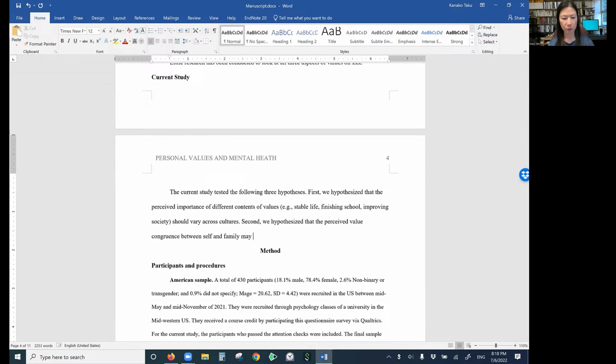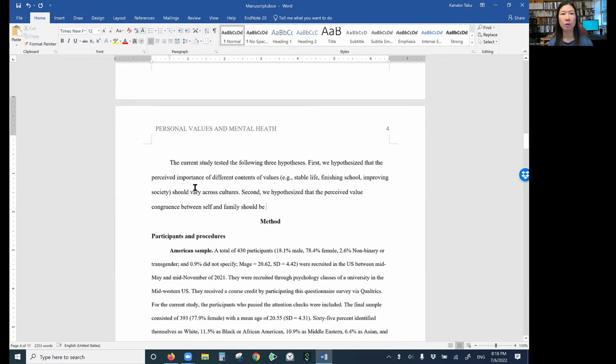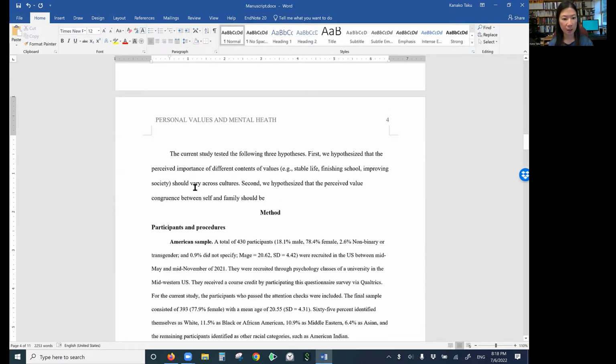Maybe, because of the diversity in the United States, I wonder if between self and maybe not family, but self and, for example, country, should be larger in the country, the diversity, heterogeneous, homogeneous.